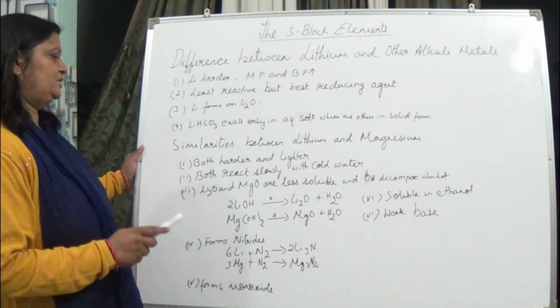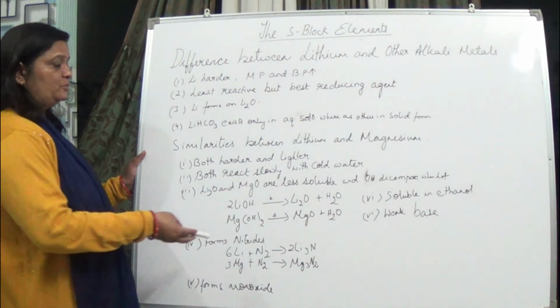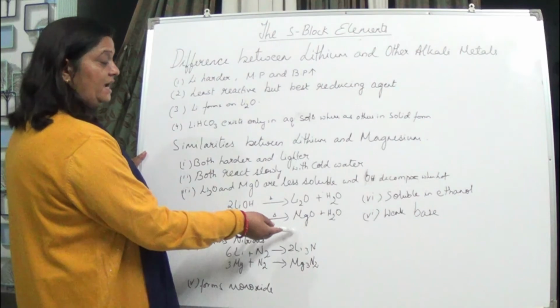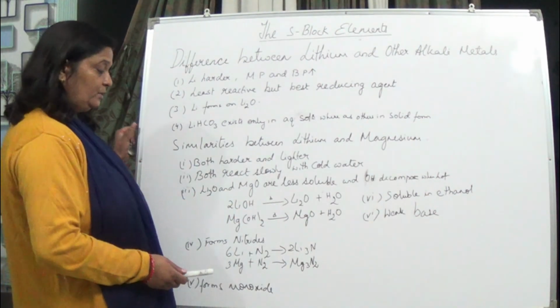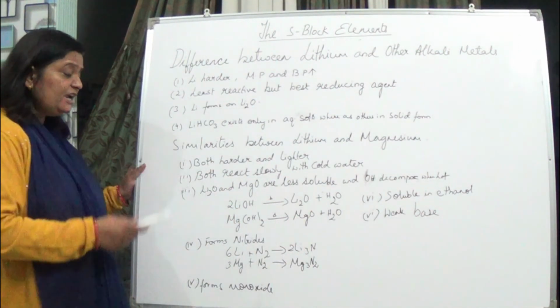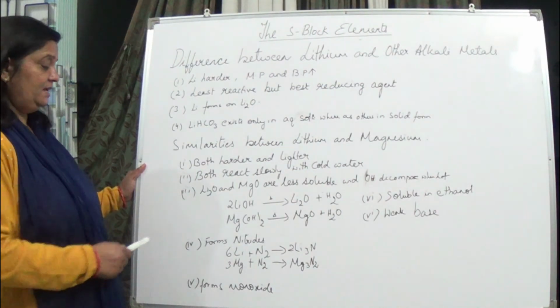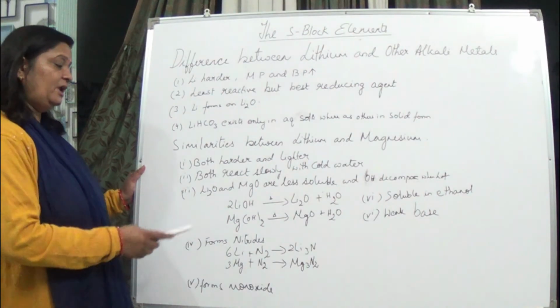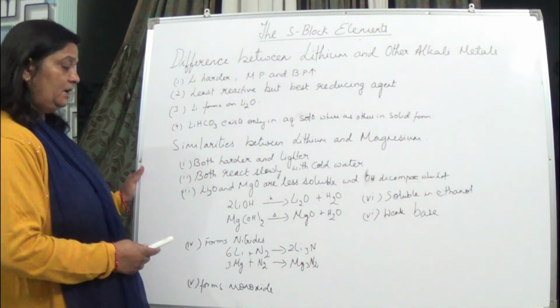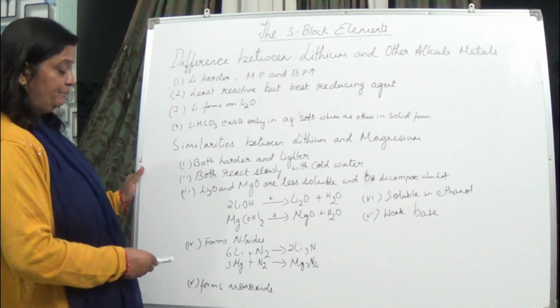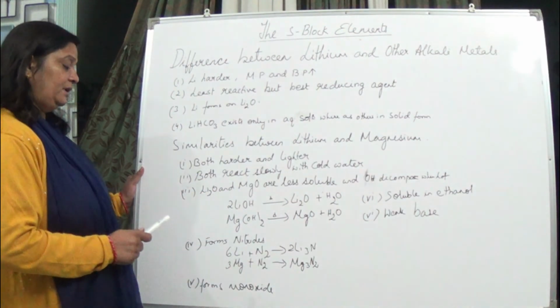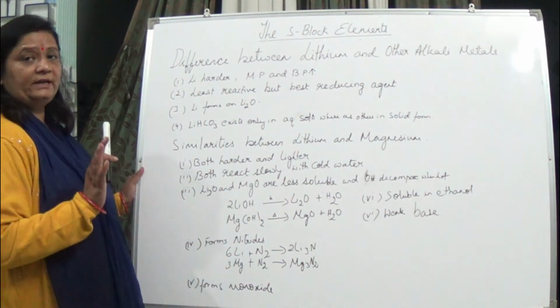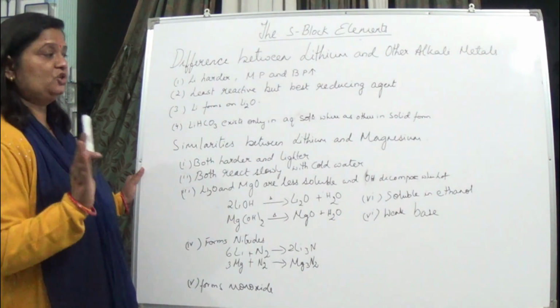They decompose, and naturally form their corresponding oxides and water is released. Now they both form nitrides: lithium also forms a nitride, magnesium also forms a nitride, with formulas Li3N and Mg3N2. Both also have the property of forming the monoxide.